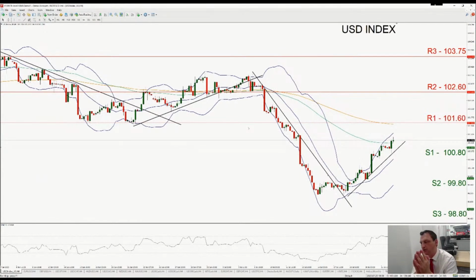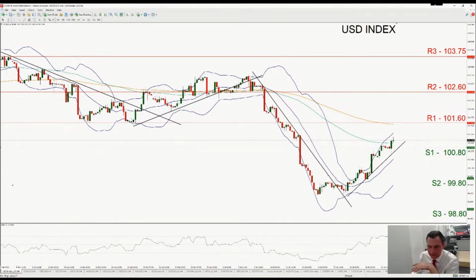But for a bearish outlook, we would require also the index to drop below the S1 100.80, breaking so the first support line, and aim, if not even reach, the S2 99.80. It's a little bit far-fetched. For the time being, we tend to maintain our bullish outlook.